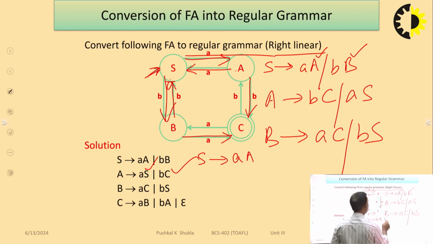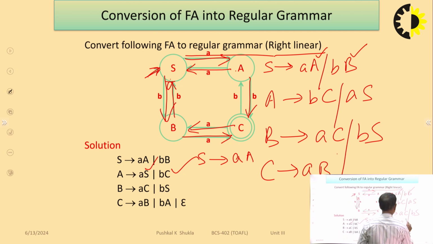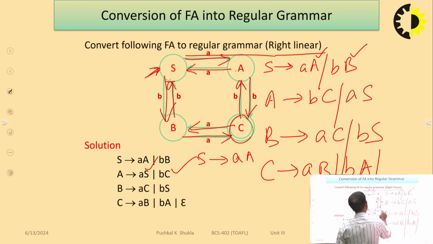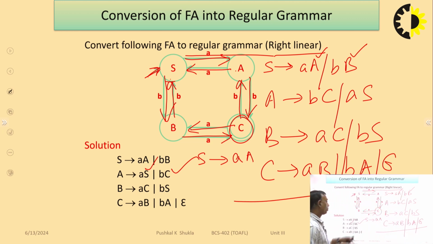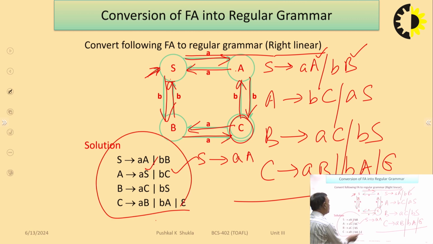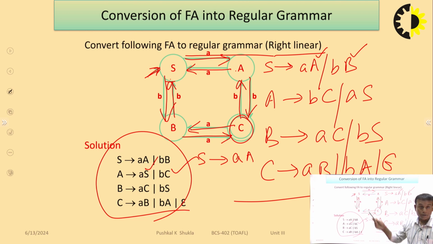C equal to aB and C equal to bA. And since this is the final state, we add an epsilon production in this. So this is the regular grammar, right linear, for this finite automata. So this is the way to write a right linear grammar of this finite automata.